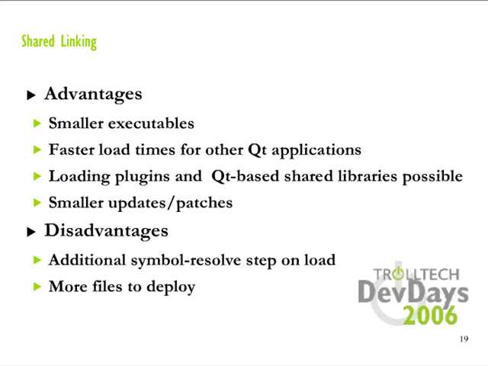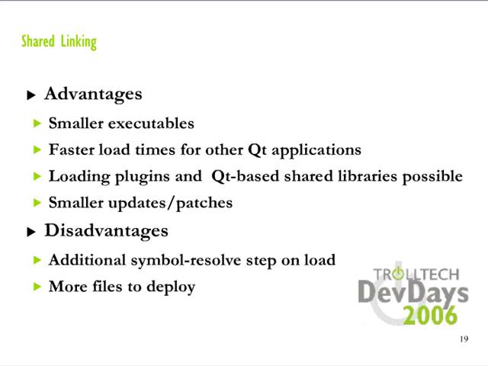So the shared linking advantages are, of course, you get smaller executables because you have one Qt library, and let's say you have 3 applications that use Qt, they will be considerably smaller. You get faster load times for other Qt applications because once the Qt library is in memory, all the other applications will just link to it and it doesn't have to be loaded into the system's memory again, except for those 23 bytes, which we can ignore.